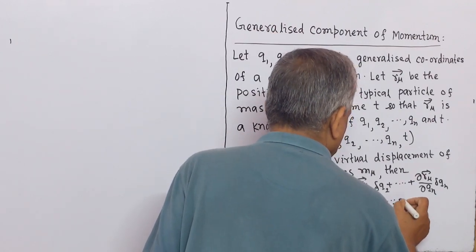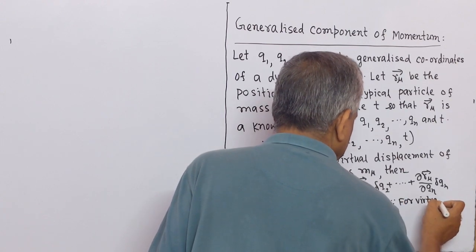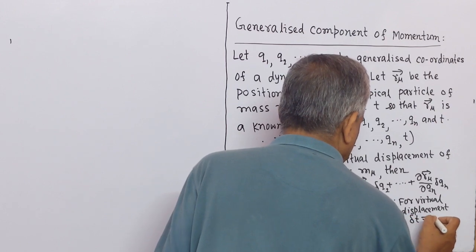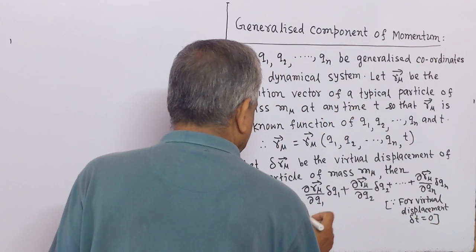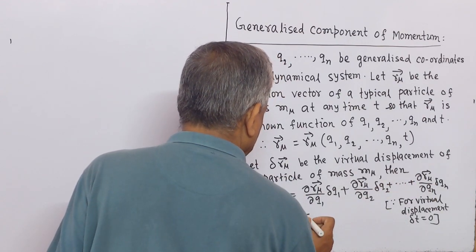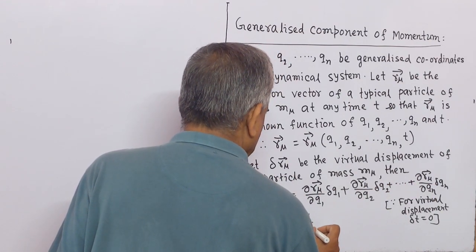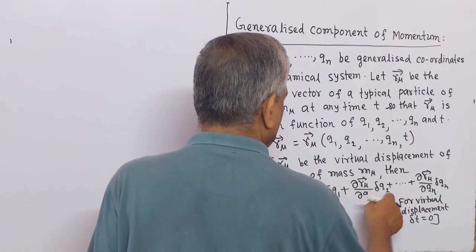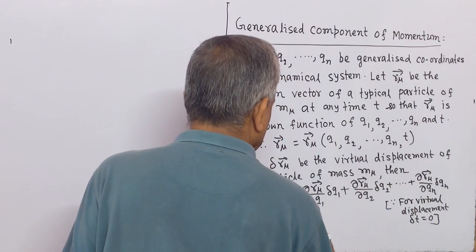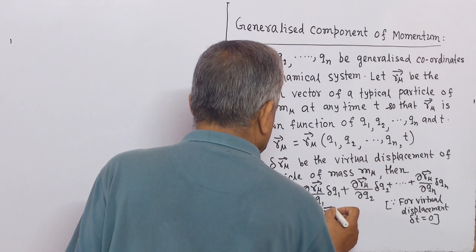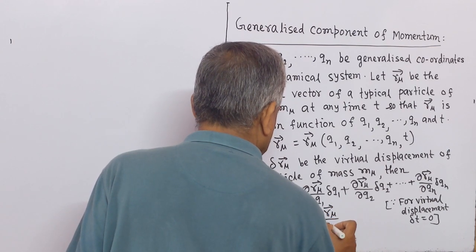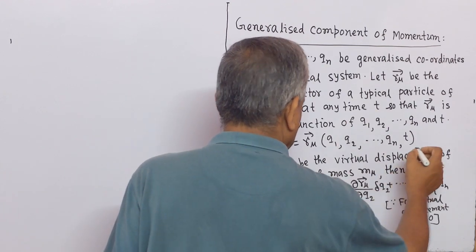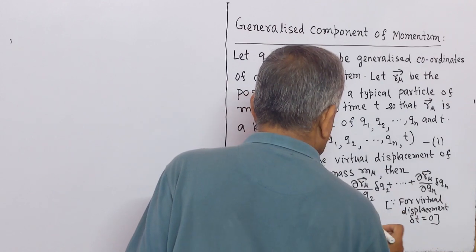Since for virtual displacement delta t equals 0, we may write this in sigma form, sigma i equals 1 to n, so we may write the partial derivative of r_mu vector with respect to qi times delta qi. Let this be number 1, this be number 2.